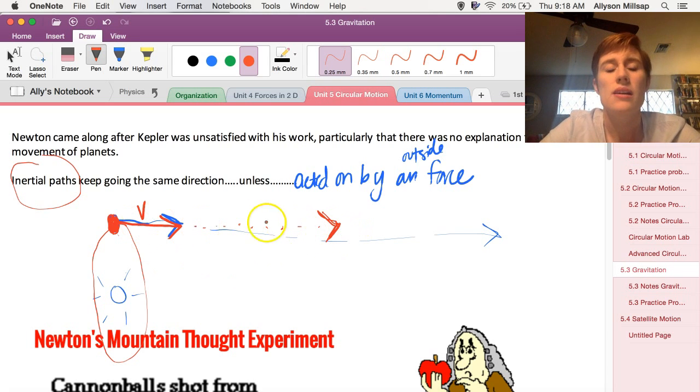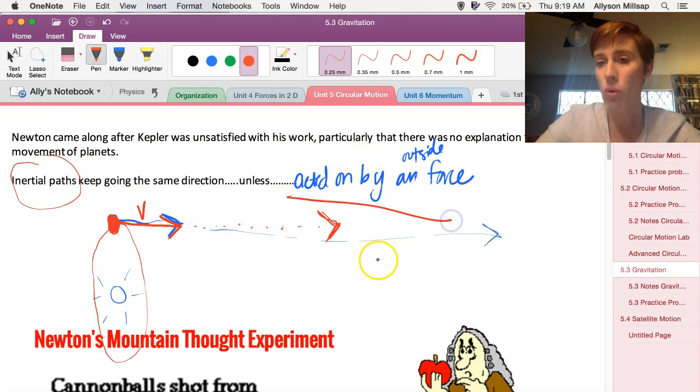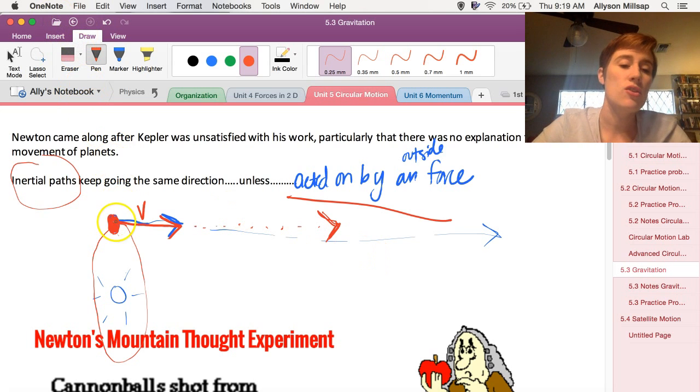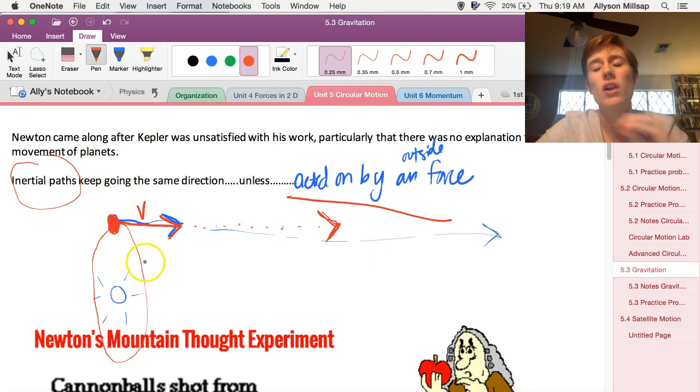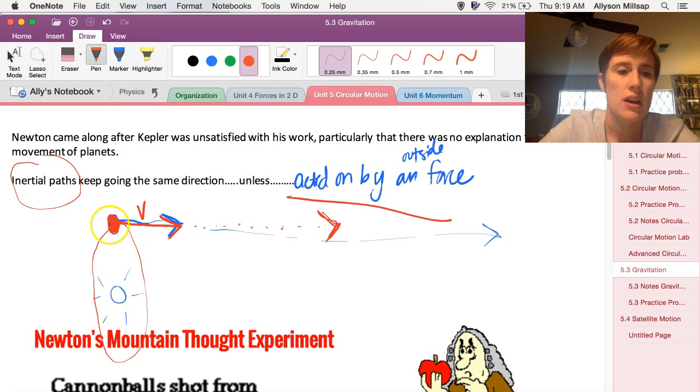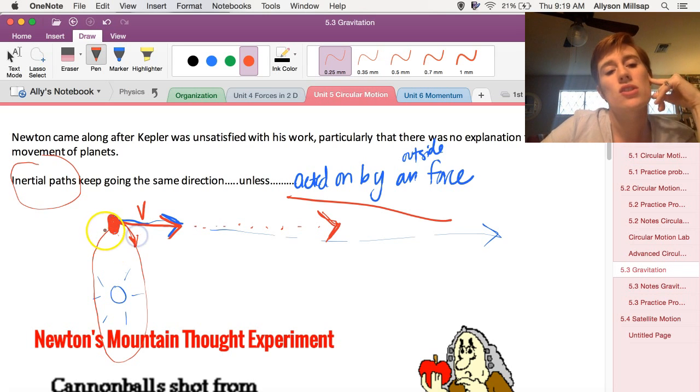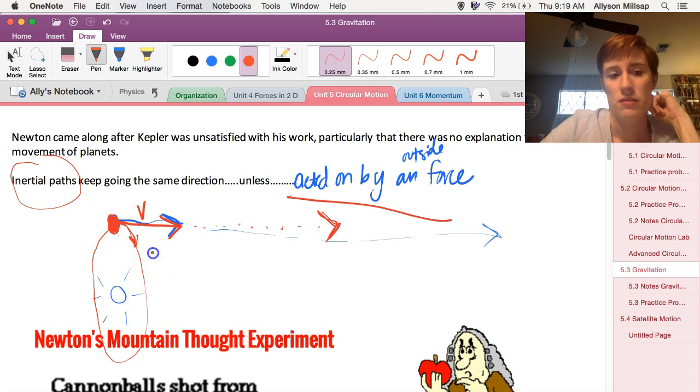However, it doesn't. Since it doesn't follow its inertial path, that must mean there's a force. Newton said there's a force making all of these planets go in these elliptical patterns, moving in circles. The only reason he knew that is because they didn't continue on straight for infinity. They are turning. Since the object is changing direction, we know there must be a force pulling on it.